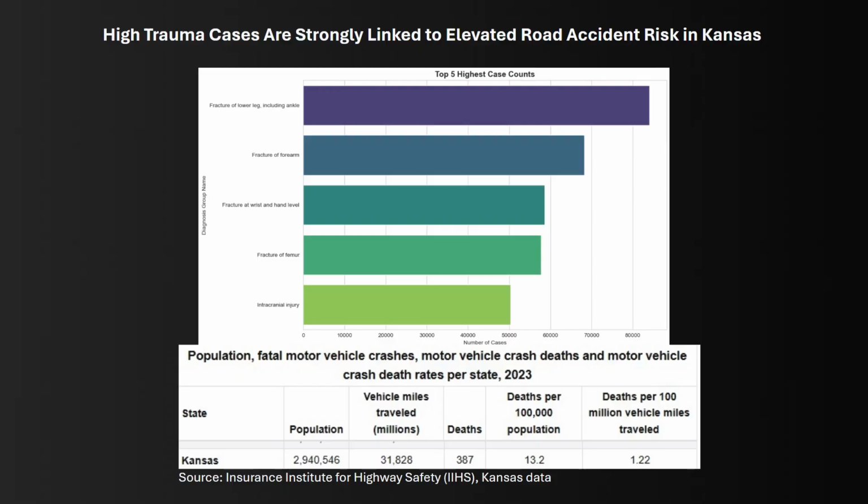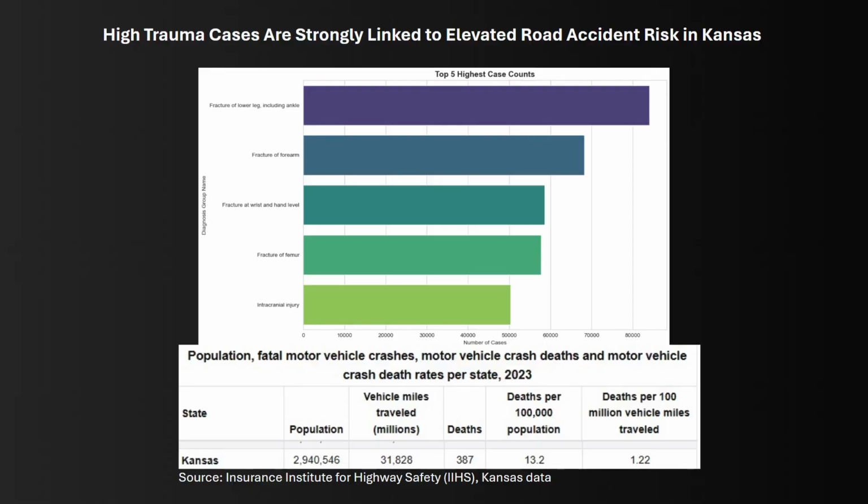When we connect this to the data below, we see that Kansas records a motor vehicle death rate of 13.2 per 100,000, compared to the US average of around 12. This is noticeably higher, and when benchmarked against lower risk states, some of which are below 8, this gap becomes even more significant.